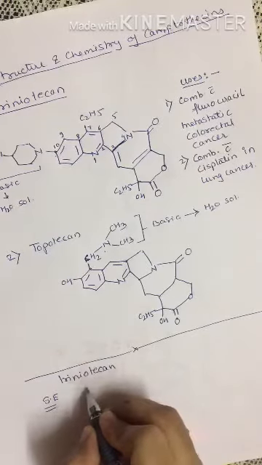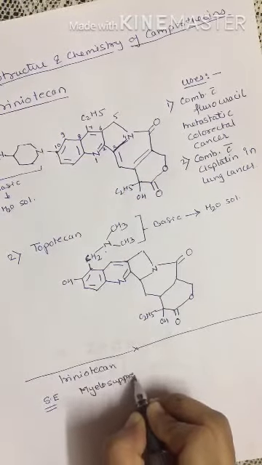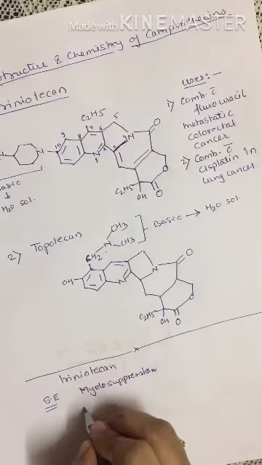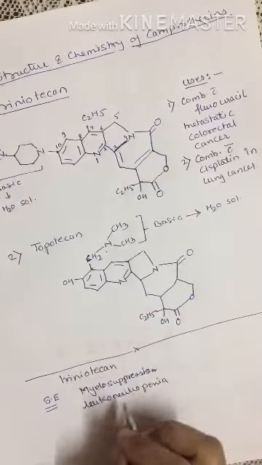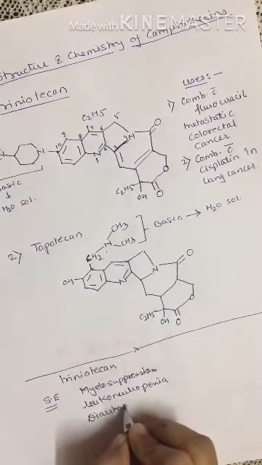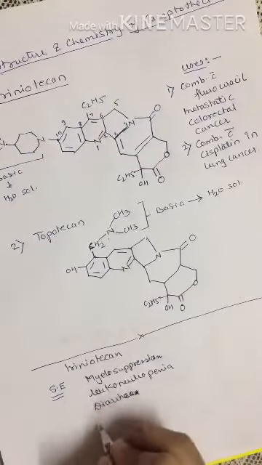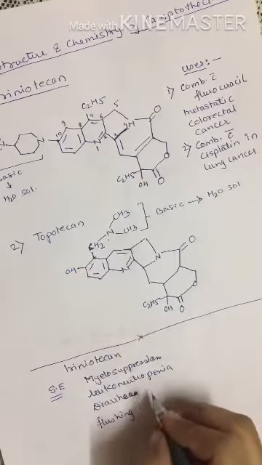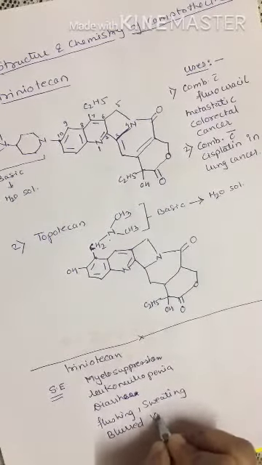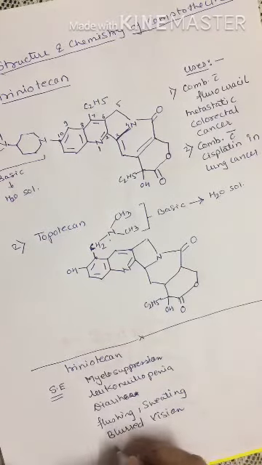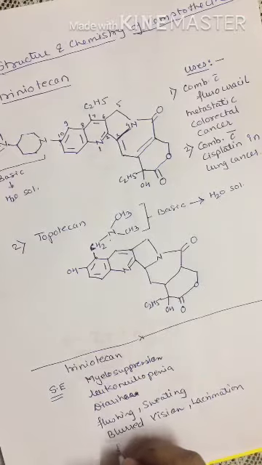The main side effect is myelosuppression, leukoneutropenia, then diarrhea, which can be fatal many times, then flushing, sweating, blurred vision, lacrimation, and sometimes bradycardia.